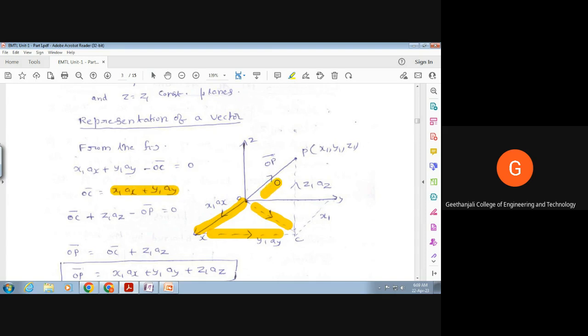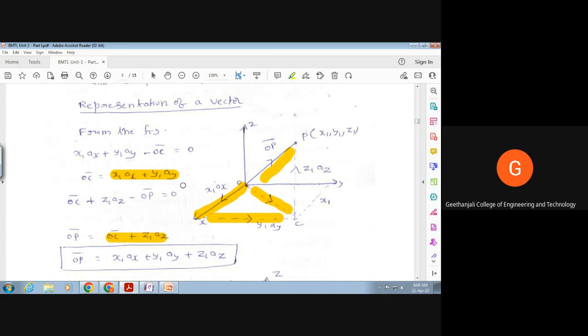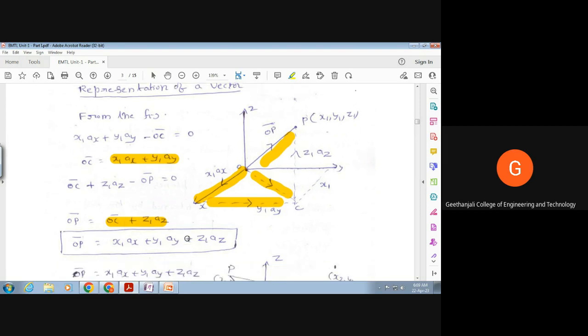Now if you look at this triangle OP, and this is OC, and this is z1 az. So OC plus z1 az minus OP is equal to 0. So what is OP? OC plus z1 az. OC is nothing but x1 ax plus y1 ay. So finally OP is equal to x1 ax plus y1 ay plus z1 az.